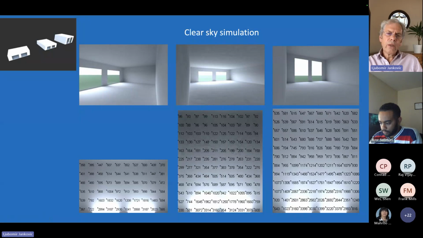And this is a clear sky simulation of 3 different models: shallow plan model, deep plan model, and deep plan double height model. And in office spaces, we need around 300 lux for conducting desktop work.